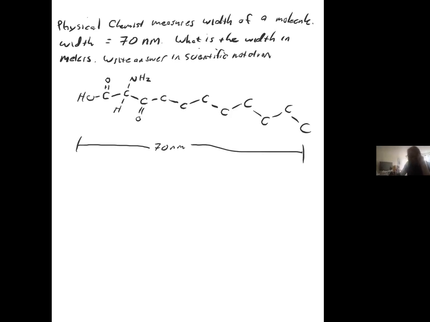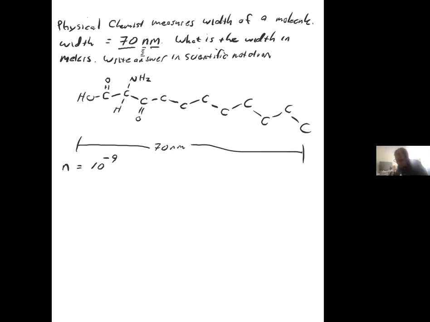So we just want to get rid of the prefix, but then we want to make sure the number's in scientific notation. So here's how we're going to do this. Remember, a measurement has a number and a unit. Sometimes it has a prefix. So there's the prefix right there. So we look up nano. Nano is 10 to the minus 9.